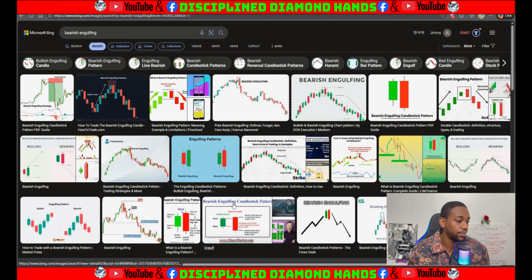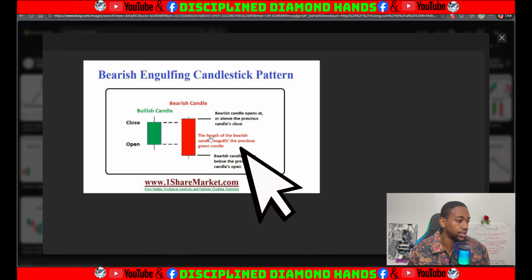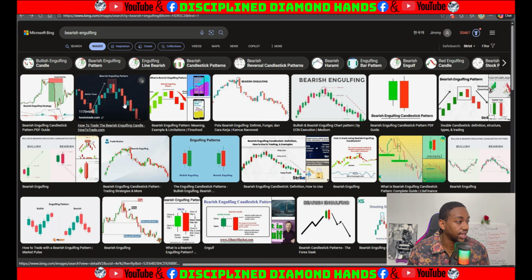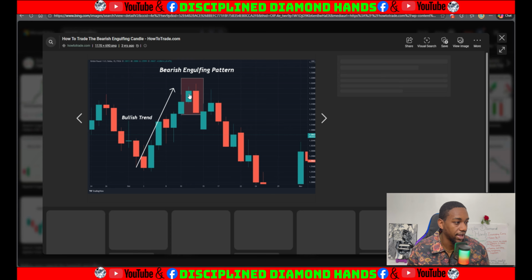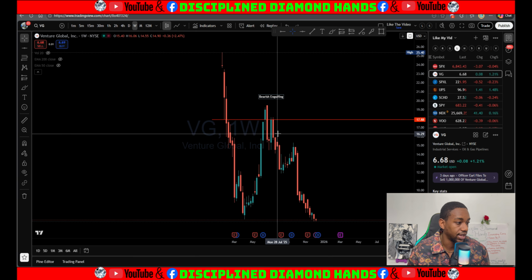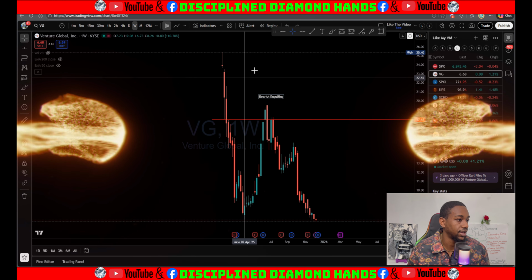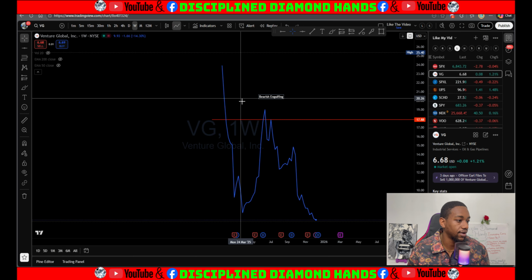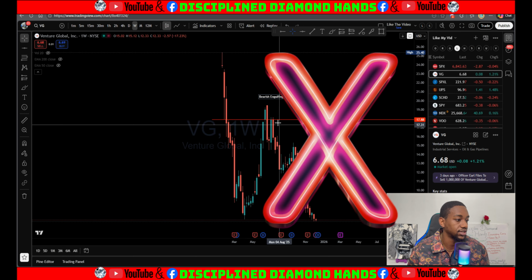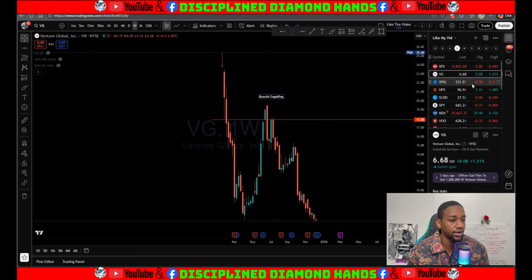A bearish engulfing pattern is essentially when the length of a bearish candle engulfs the previous green candle. What typically happens when a bearish engulfing pattern happens? Price goes to hell. And as we see on Venture Global, price went to hell. If we use the regular line graph, we can't see any bearish engulfing pattern. That's why candlesticks are more informative than a regular line graph.